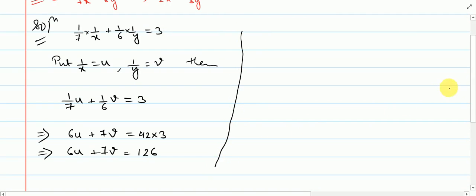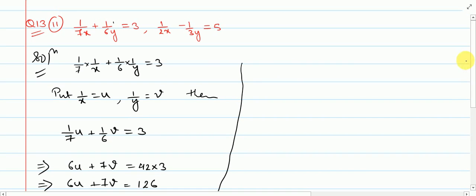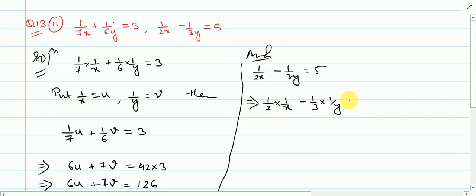And the other one we have 1 upon 2x minus 1 by 3y equal to 5, you can write, and this can be written 1 by 2 into 1 by x minus 1 by 3 into 1 by y is equal to 5.